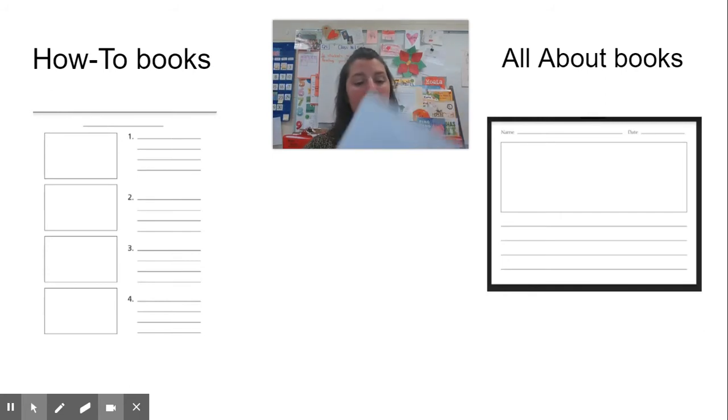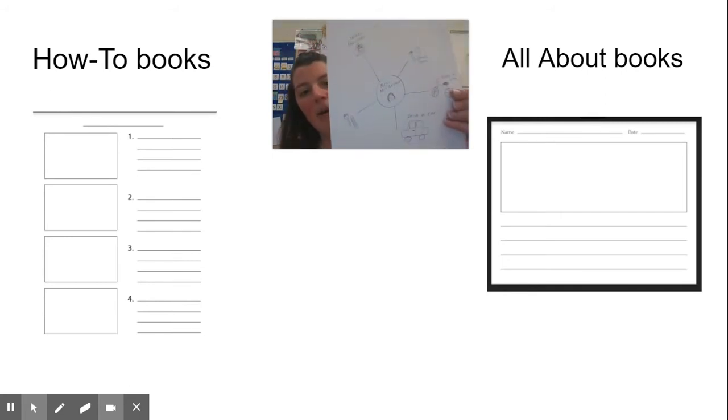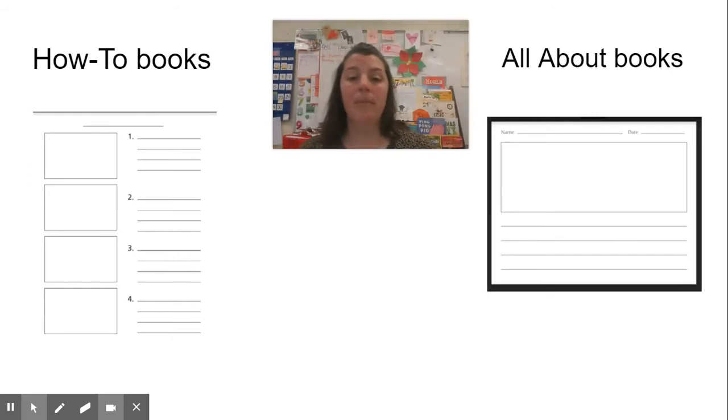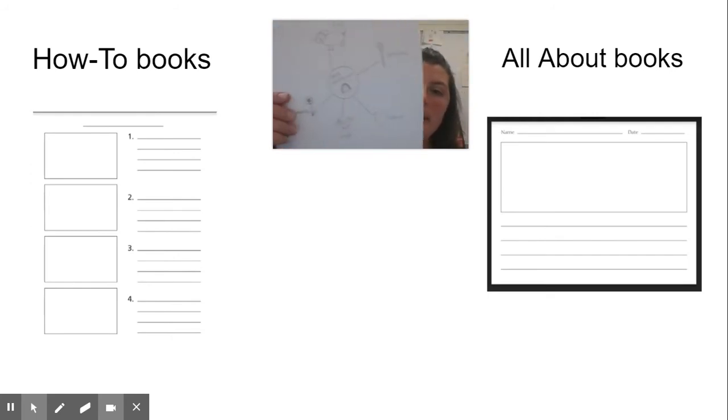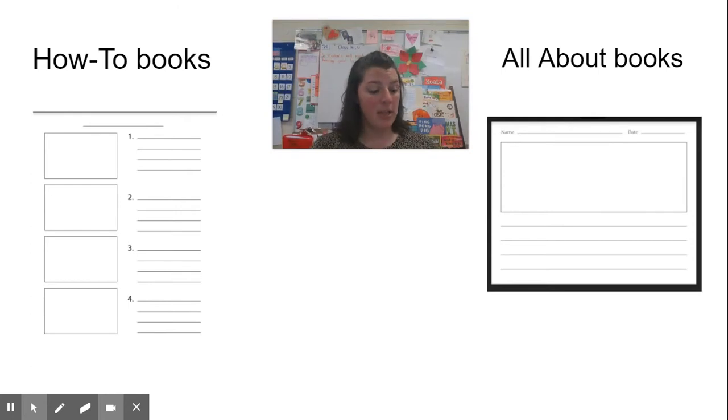Remember, we've even made bubble maps for both of these things, like a bubble map on things we know how to do and a bubble map on topics we know all about that we could teach other people. So this week, you're going to get to choose whether you want to do a how-to book or an all-about book, because both of these types of books follow the same steps.